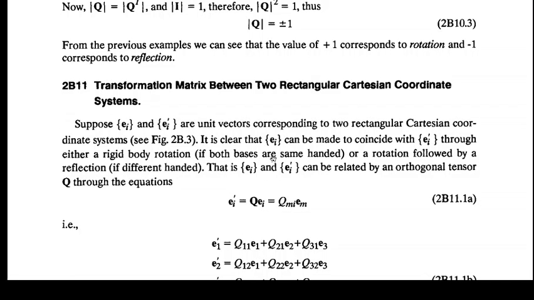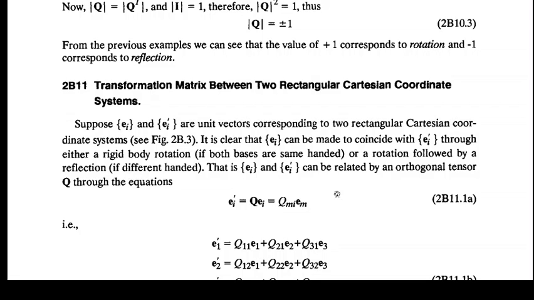In the previous two examples, in which we talked about reflection and rotation, we have seen that we are relating the two bases e_i and e_i dash. If both bases are same-handed, we can relate them with the help of a rotation, and if they are differently handed, then they can be related with the help of a rotation followed by a reflection.